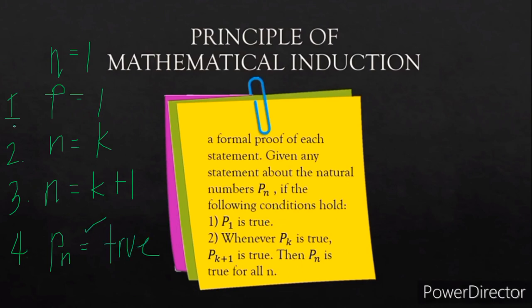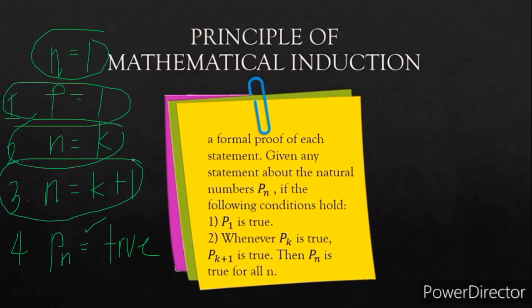Ulitin ko. The first one, dapat yung n mo is equal to 1. Number 2, yung n mo, palitan mo ng k. Yung 3 mo, palitan mo lang ng k plus 1. Then number 4, kapag na-prove mo na, ipakita mo lang yung final answer ng left and right. That is true. Just simply use this symbol. Check mo lang. Okay na yan.